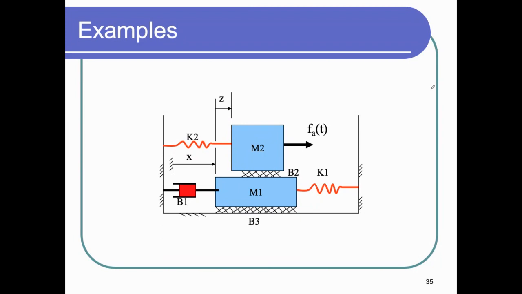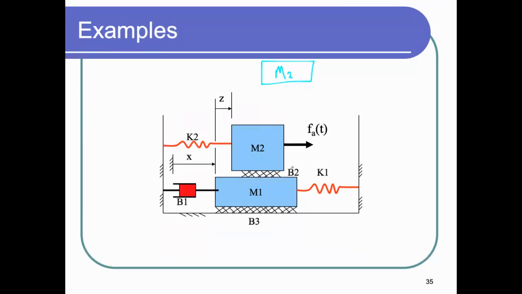I think you need to practice different cases, different scenarios in order to get comfortable. And also in the homework, you will see new examples too. So now, suppose we have these two bodies, M2 and M1. Let us go through this one. Let me plot the free body diagram for M2.